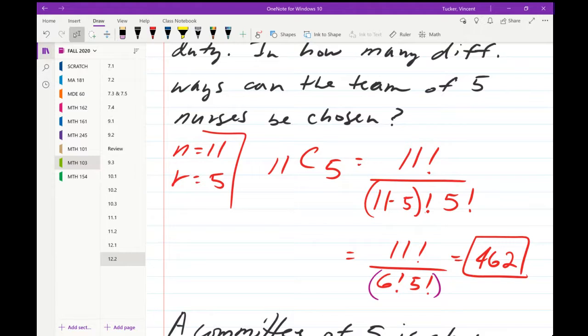I put those parentheses there because depending on your calculator, you may have to use them to keep the 6 factorial and the 5 factorial in your denominator. And that'll be 462. Any questions?